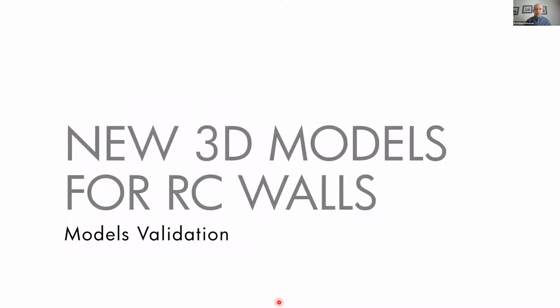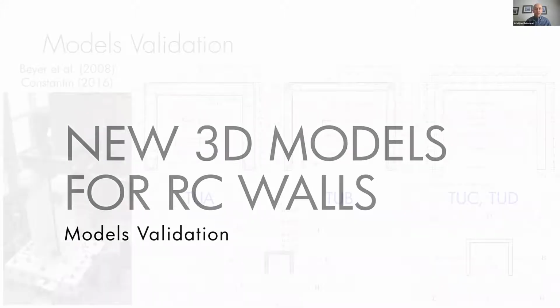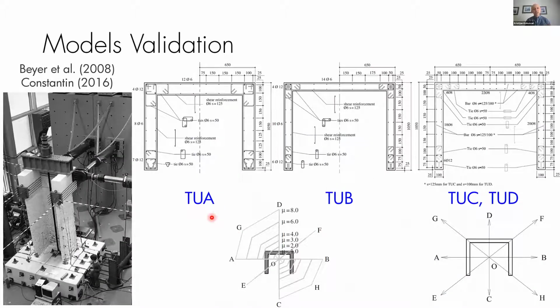And now let's talk a little bit about validation of these models. That was their formulation. We mostly validated the models with the tests from Beyer and Constantin from Switzerland. They tested these 4 wall specimens that are U-shaped walls, TUA, TUB, TUC, TUD. And as you can see down here, all of these wall specimens were tested in a very interesting loading protocol. TUA and TUB had this kind of spider web shape, a very complex loading history, so multi-directional loading for these walls.